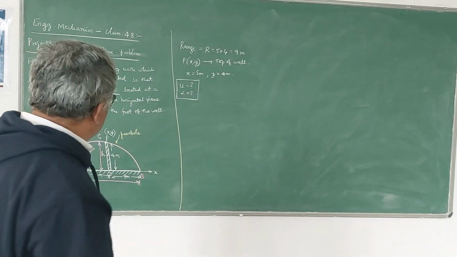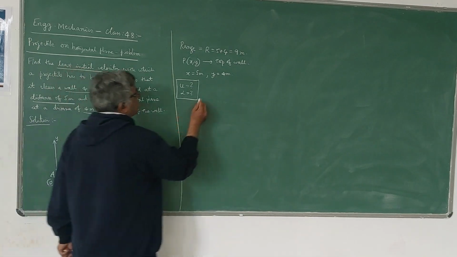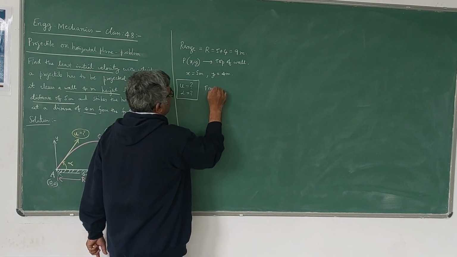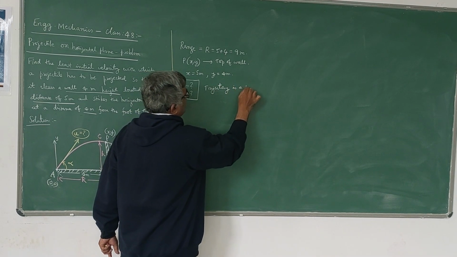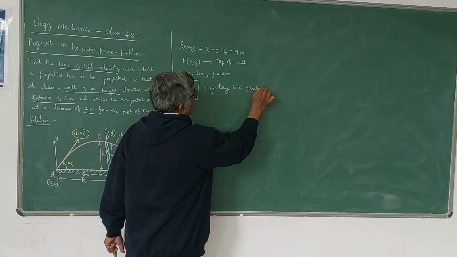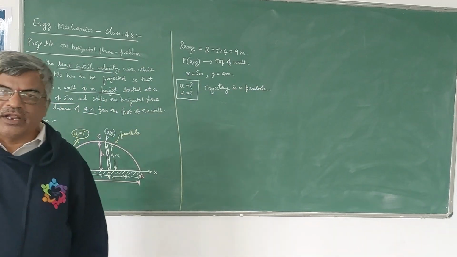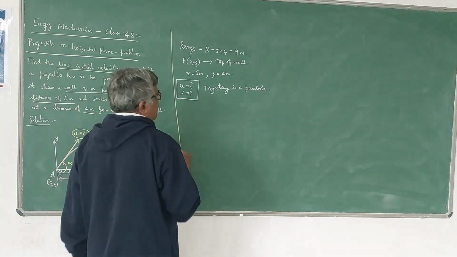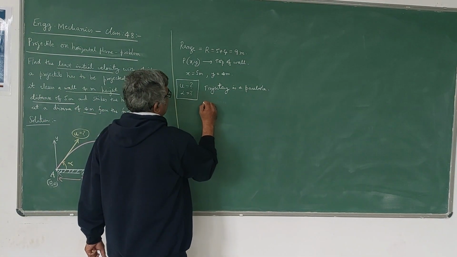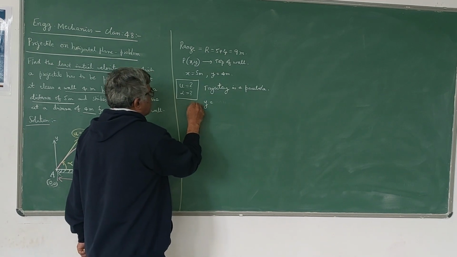Now you know that the trajectory of the projectile is a parabola. Here there are two unknowns, u and alpha. So at least two equations you need to solve this problem. The first equation is the trajectory equation, which you should remember.